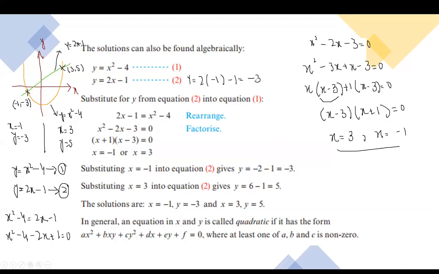And putting x equals 3, 2 into 3 minus 1, so it must be 6 minus 1 equals 5. So by putting x equals -1, the value of y is -3, and by putting x equals 3, we computed the value of y equals 5. So these are the two values.